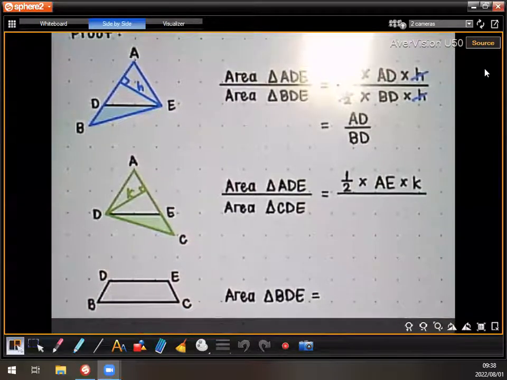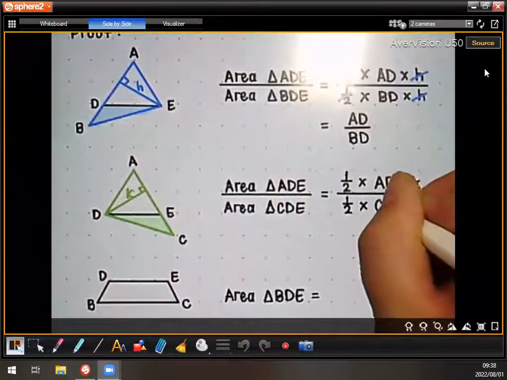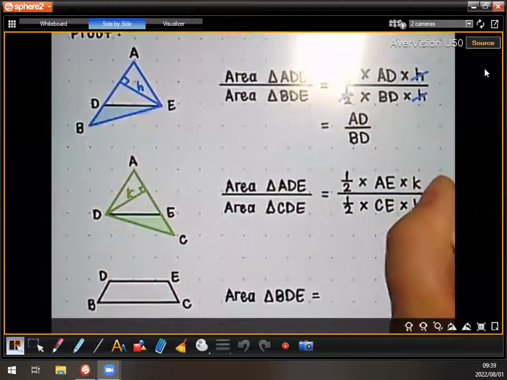What is the base of that bottom triangle, guys? It's CE, but it has the same perpendicular height, because the distance between the base and the top vertex E is K again. So that area is half times CE times K.